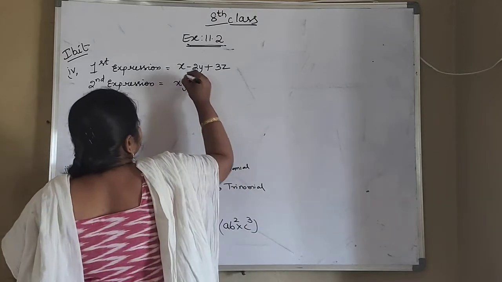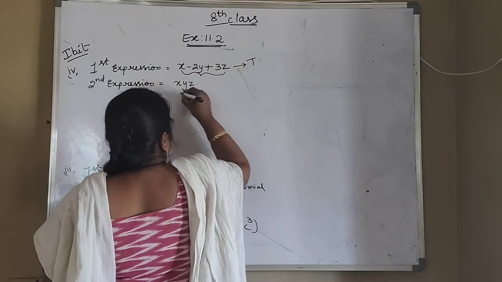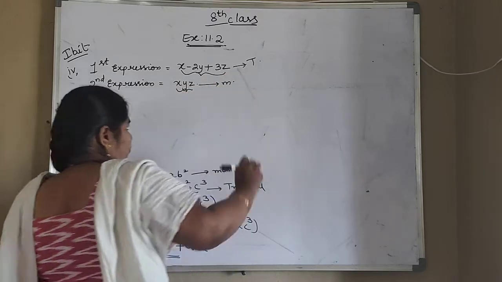So in this the first expression is a trinomial and the second one is a monomial.